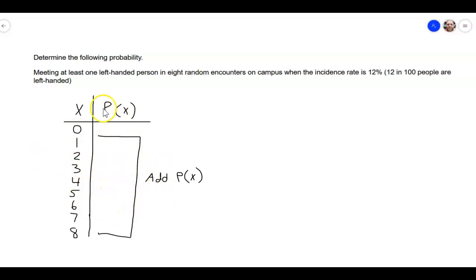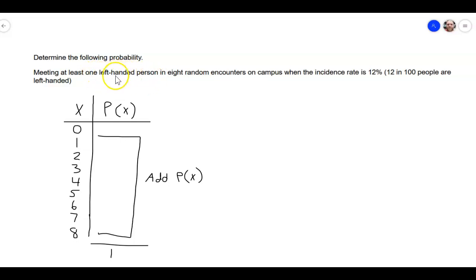Remember that when we're talking about all the different probabilities, all of these have to add up to 1. So if this probability is 0.22 and this probability is 0.16, like a 16% chance of happening, all 9 of these probabilities, because they're 0 through 8, have to add up to 1, because 1 means that 100% of the time one of these is going to happen. So what are they saying?